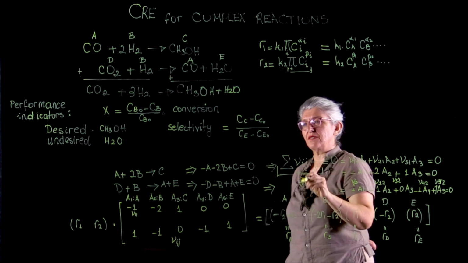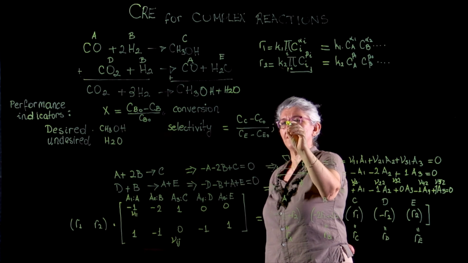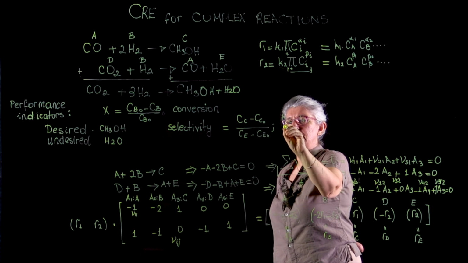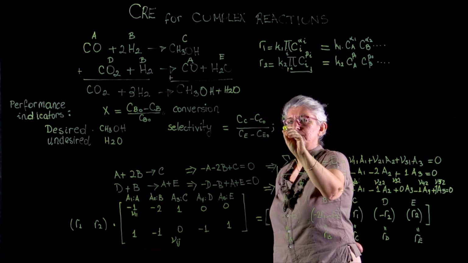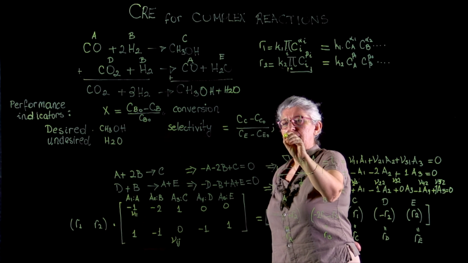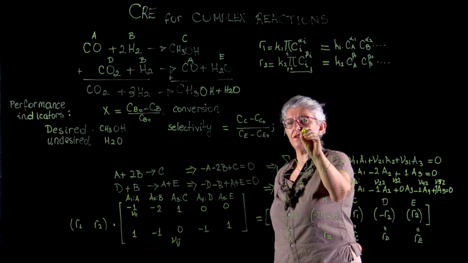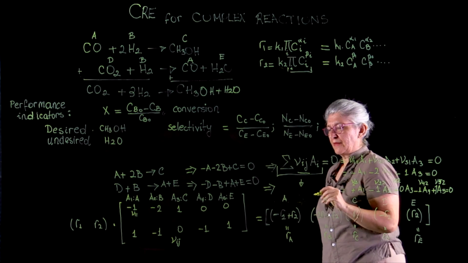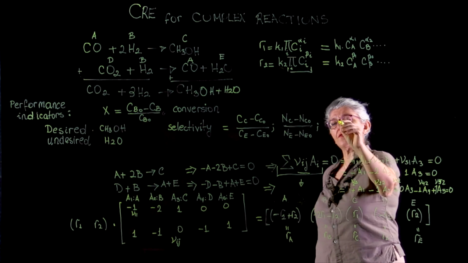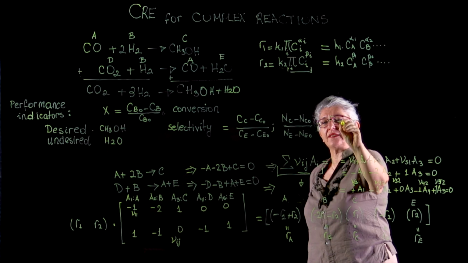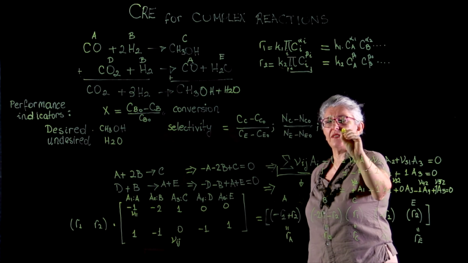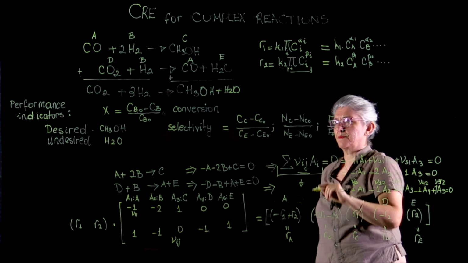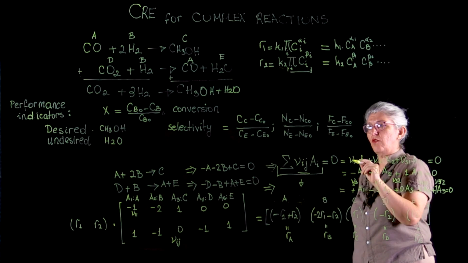If we are measuring concentrations, if we are measuring number of moles, we can define selectivity as NC minus NC0 for a batch reactor divided by NE minus NE0, or we can define that as the molar fluxes FC minus FC0 divided by FE minus FE0. So these are overall selectivities.